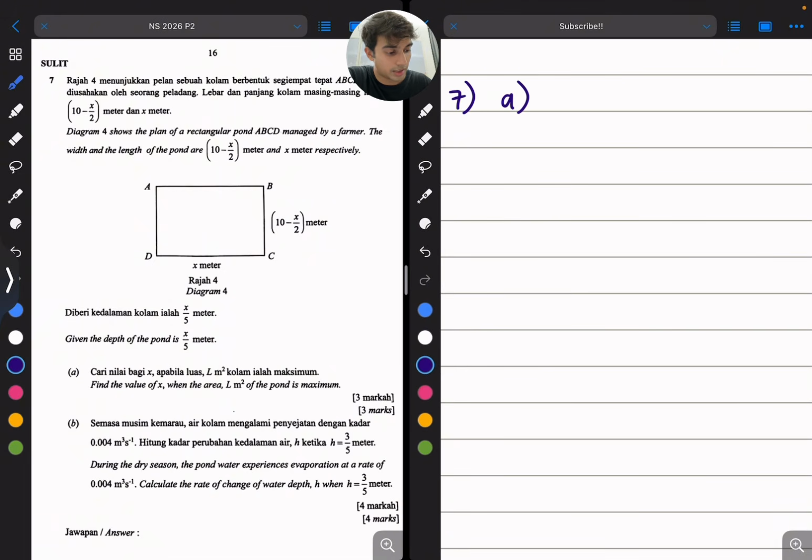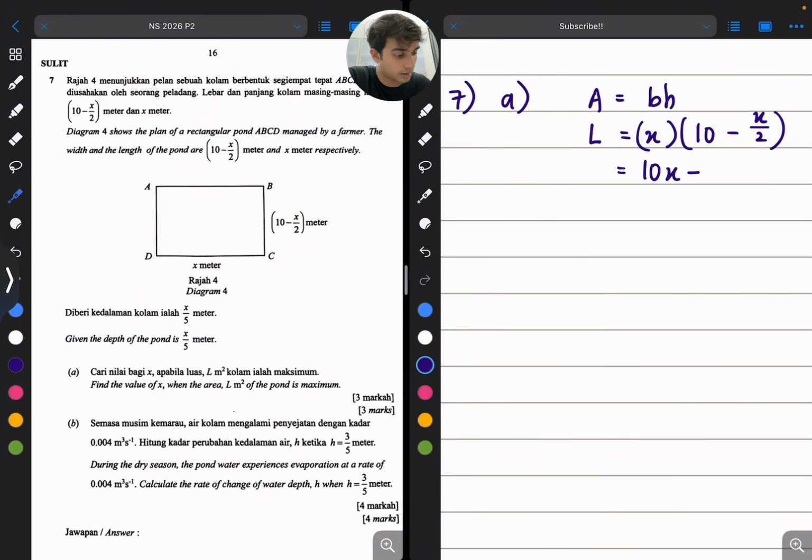So let's find the area. Area is given by the formula base times height. This is just a rectangle. And area, they say we use the alphabet L. So we sub this with L. Base is x. Height is 10 minus x over 2. So L, we expand this.